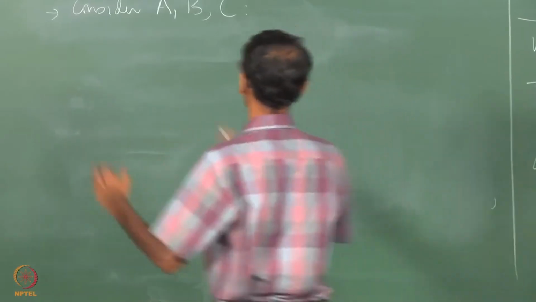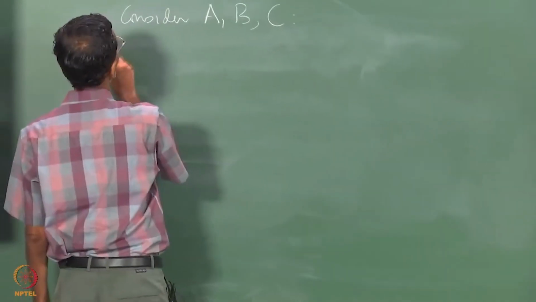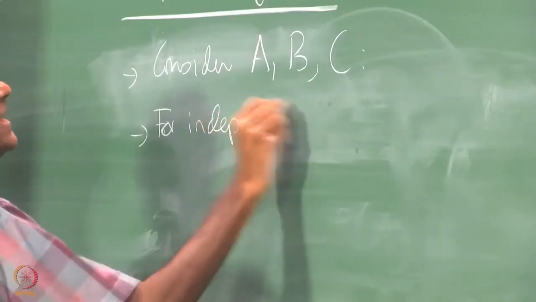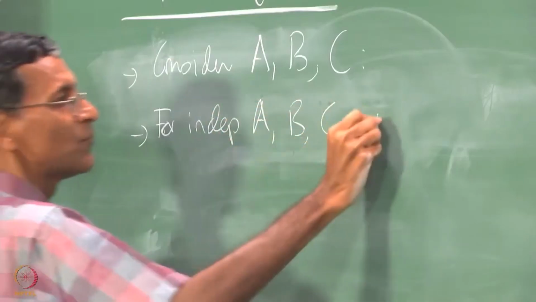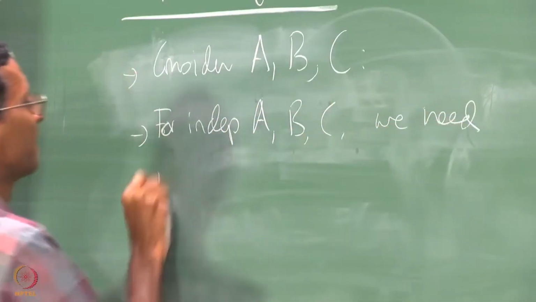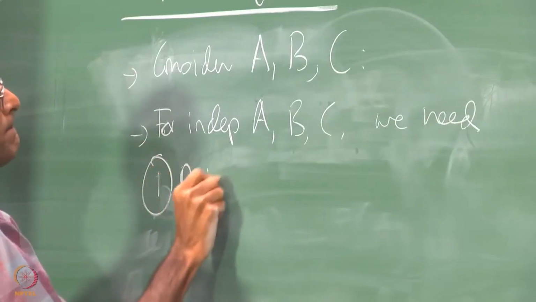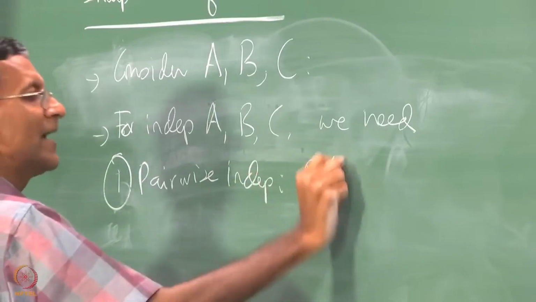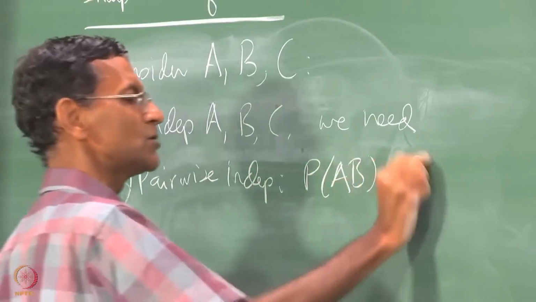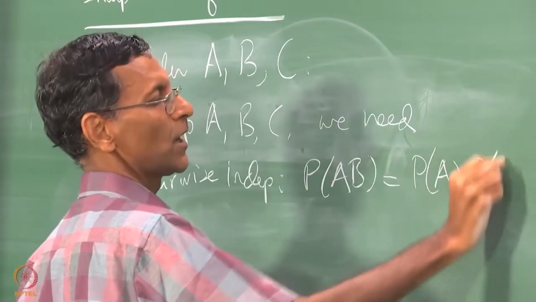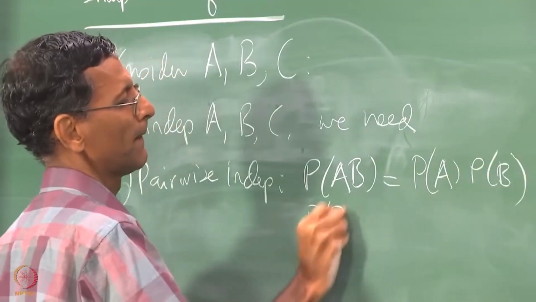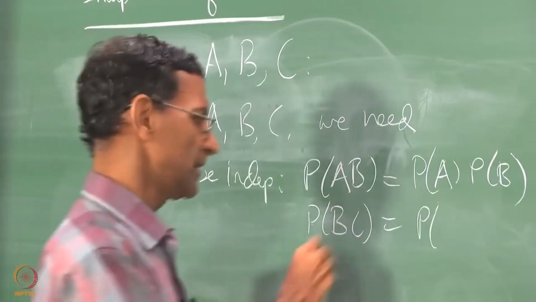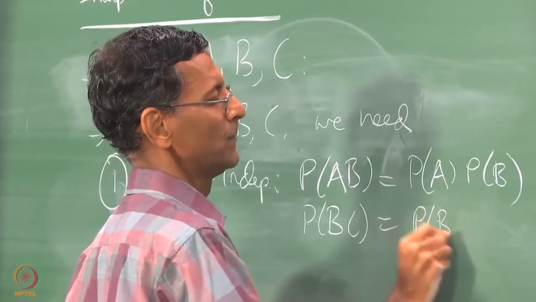So first thing, of course, pairwise independence. For independence of A, B and C, we first need pairwise independence. What is pairwise independence? For any pair, the joint probability should be the product. All 3 pairs, the independence should hold.